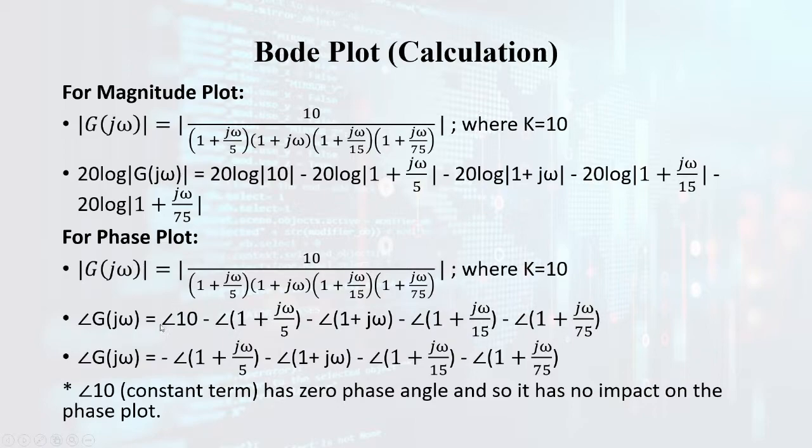For the angle of 10, it is a constant term, so it has 0 phase angle and it has no impact on the phase plot. So the final equation for the phase plot is shown in here.